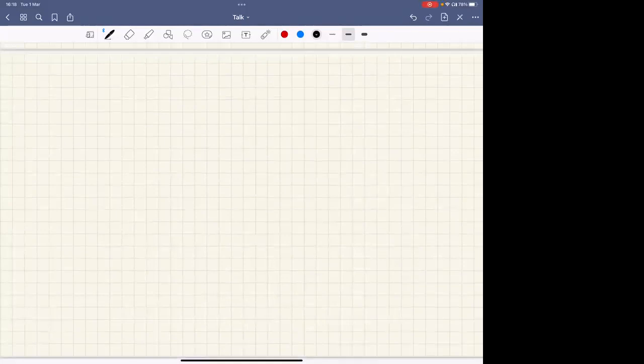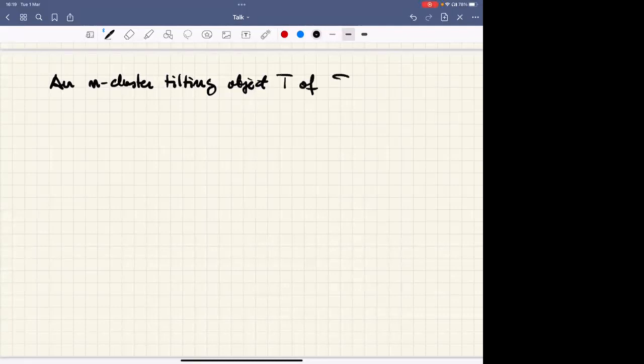So I must recall what an n-cluster tilting object is. An n-cluster tilting object T of the category T with suspension factor sigma is an object such that the following property holds.